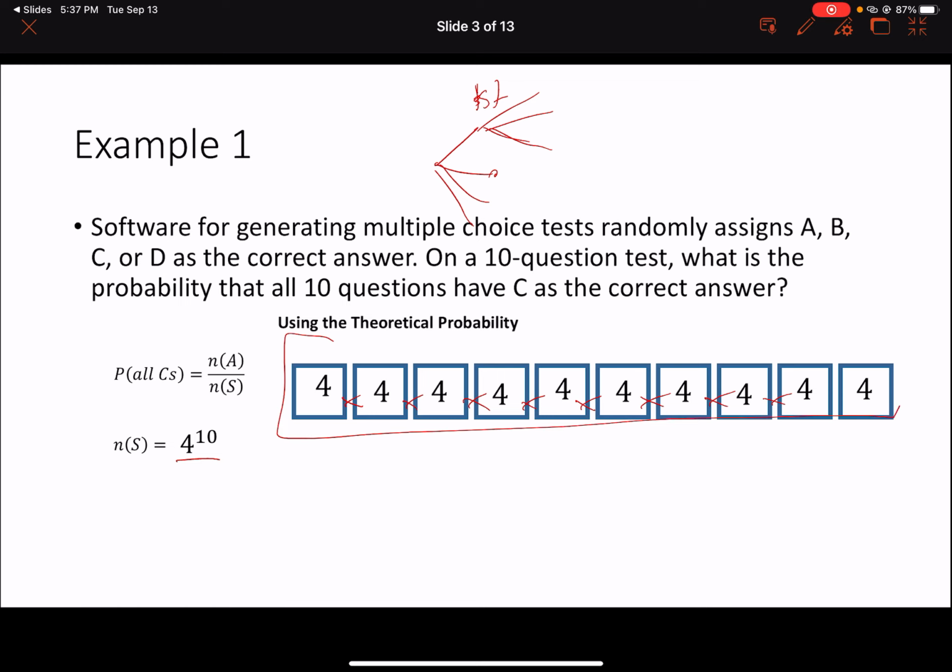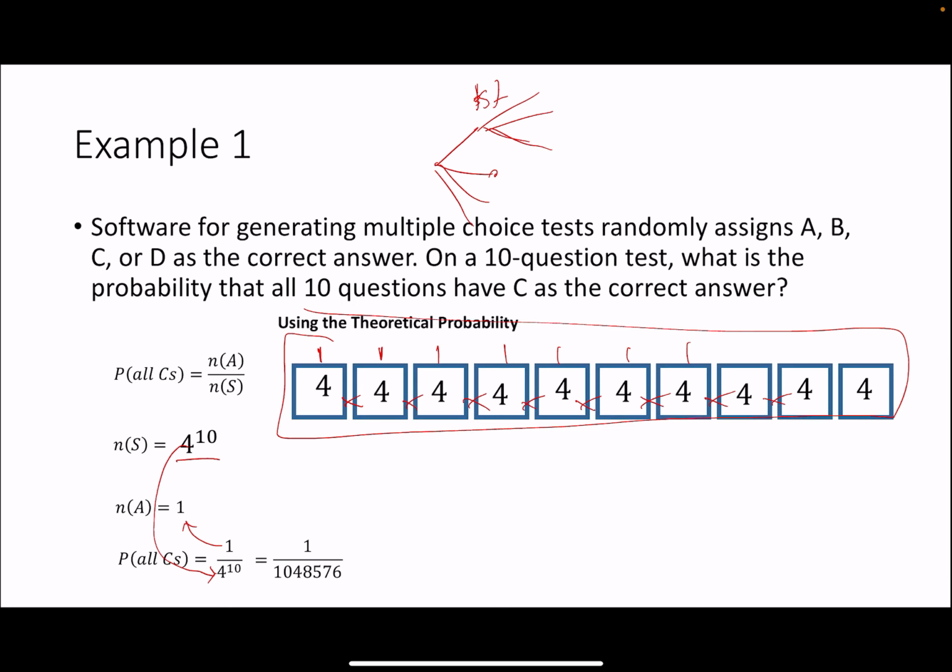And then how many ways can they all be C's? Well, there's only one way that can be C. So the probability of all C's is 1 over 4 to the power of 10, which is a pretty small number.